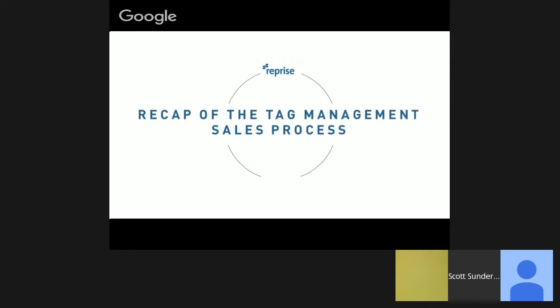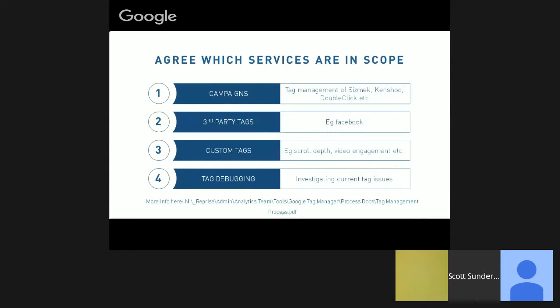Okay, cool. So a recap of the tag management sales process. These are the services that we generally offer as part of tag management, or some of the major ones. I spoke about this in the 101, but I'll briefly go over it again in the 201.